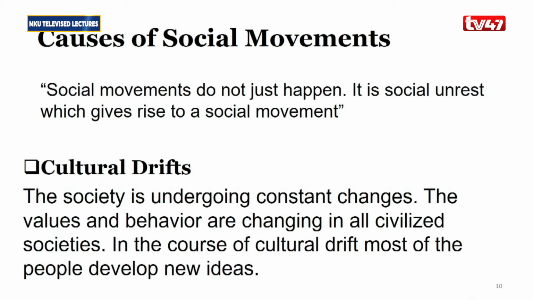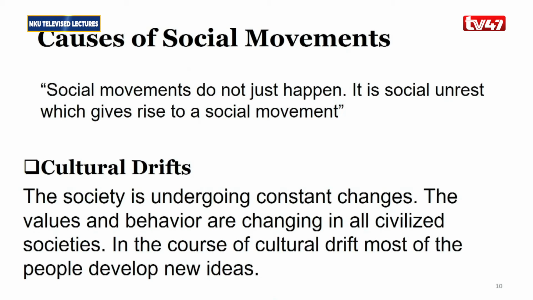And a good example of cultural drift is in some communities, especially indigenous communities in Kenya. They have been practicing some retrogressive cultural practices, and some of these tend to affect other people's rights. A good example is female genital mutilation.